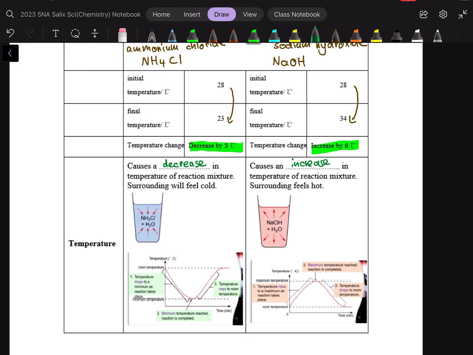Looking at this, basically the energy conversion you are looking at is thermal energy.